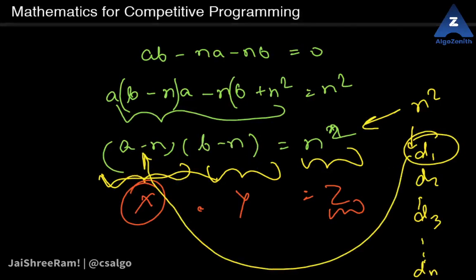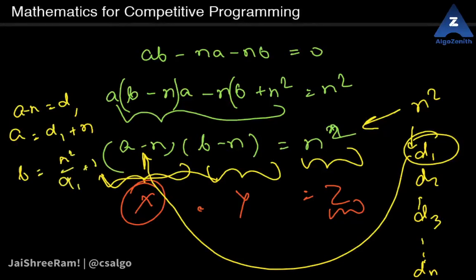If a minus n is equal to some d1, then we can find the value of a equal to d1 plus n. Similarly b would be equal to n square by d1 plus n. So we can find this particular form, and d1 can be generalized to be some di, where di is a divisor of n square.